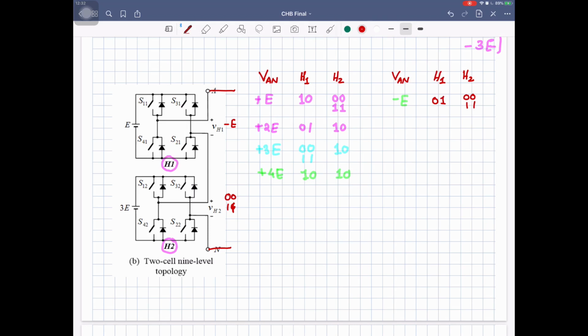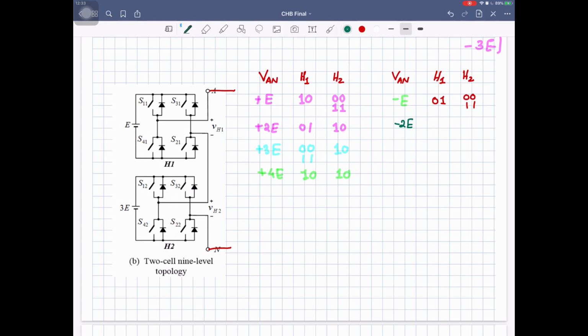Now how to get minus 2E? To get minus 2E, what combination should be applied? There is no direct combination. We will have to use both of these to get the level 2E.